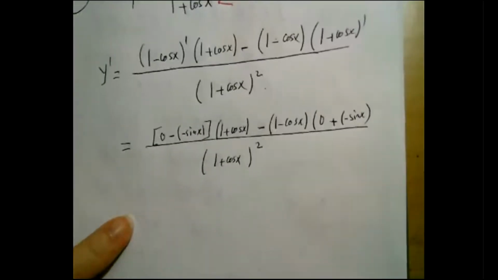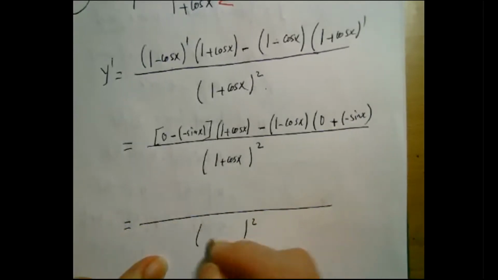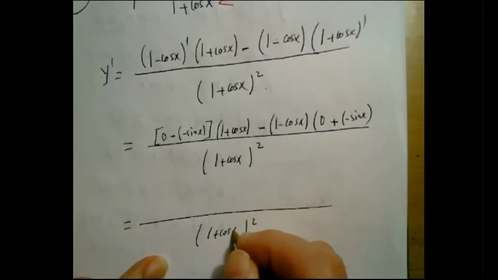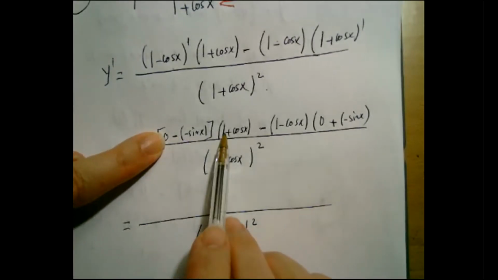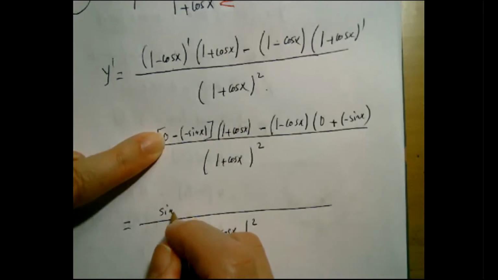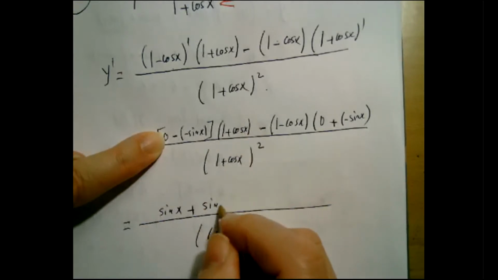Now we just simplify a little bit, and if we can combine, we do. If we can't, we stop. So minus is going to give me plus the sine, and I multiply. So plus now times that's going to give me the sine of x plus sine x times cosine.